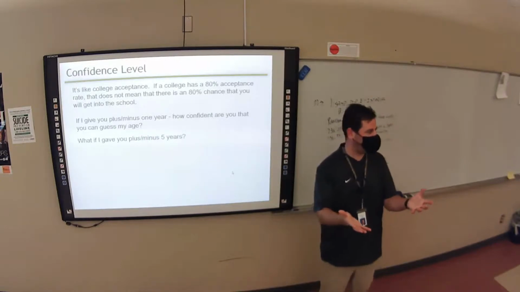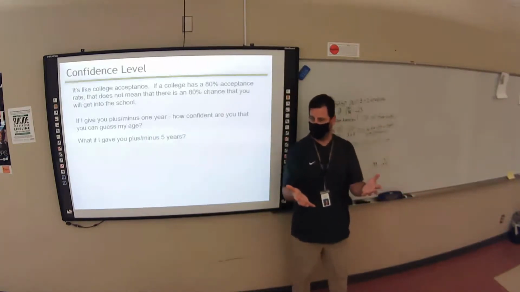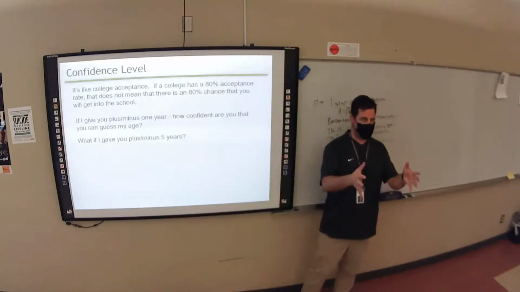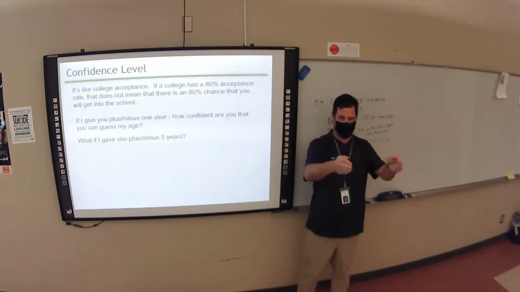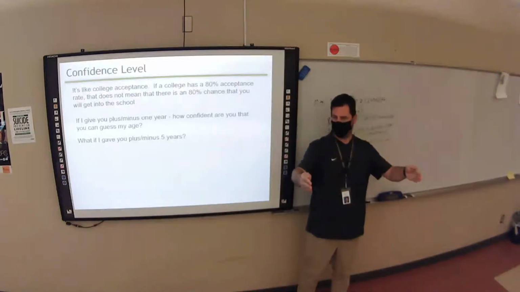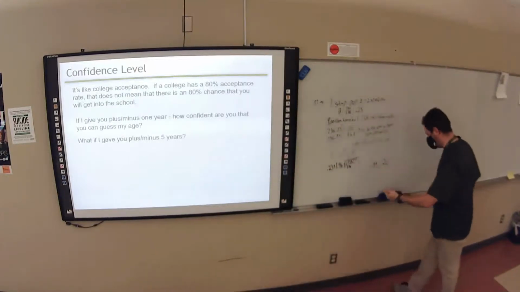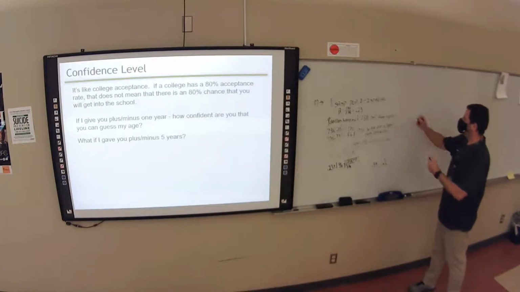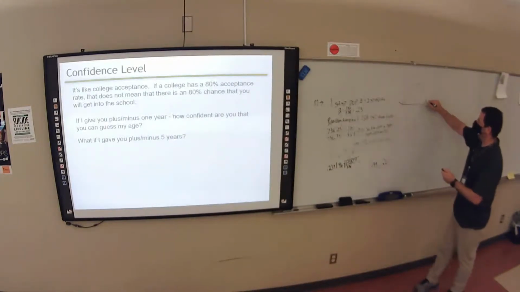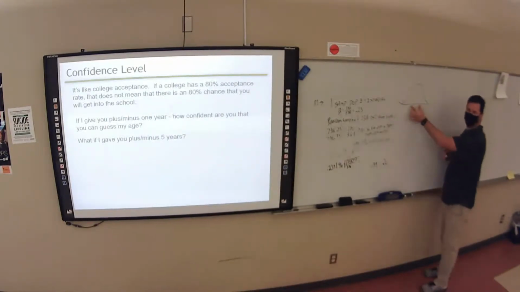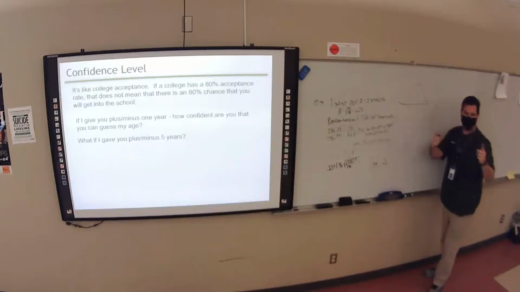Now, how confident are you? Probably more. As that interval went from 1 to 5, your level went up, because that z-score gets bigger. One standard deviation is 68%. Two standard deviations is 95, and that's a wider one.